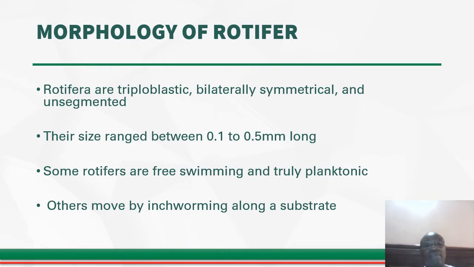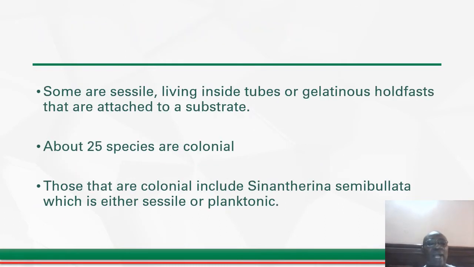Some rotifers are free swimming and truly planktonic in nature, and then we have others that move by swarming along a substrate on which they live. Some are sessile, and when we say an organism is sessile, it means they rarely move from place to place.